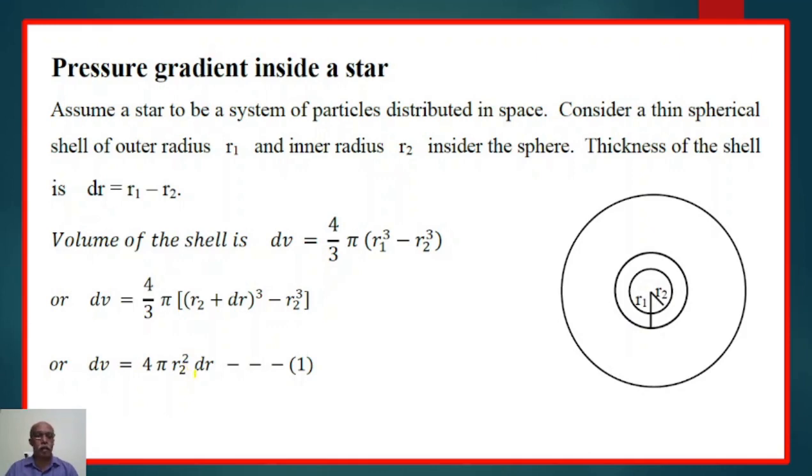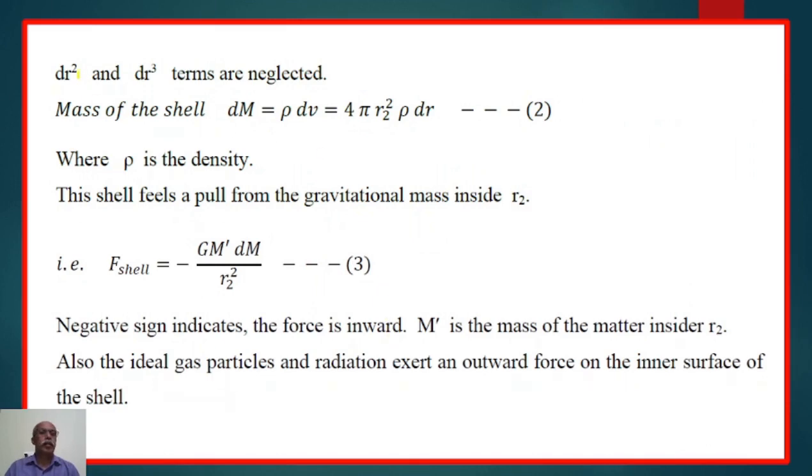Expanding this expression and cancelling the R2 cube, the final result is dV is equal to 4 pi R2 square dr. The dr square and dr cube terms are neglected, as dr itself is small, so its square and cube will be very small.